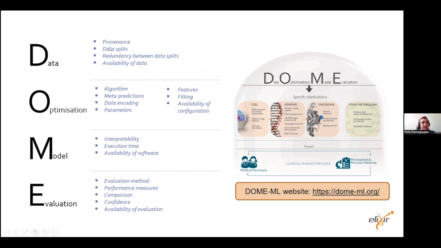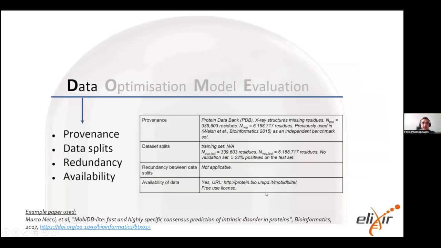We are talking about the different aspects of the data, different aspects of the algorithm that is being used before you actually create the model itself, whether it's interpretable or not, and you can already identify a few of the points that have been popping up as challenges earlier in the Menti, and ultimately how you can actually evaluate the model itself. These are all questions that someone needs to address. I'll go through those in slightly more detail in the next few slides, but I definitely urge you to go through the template that we are providing, as you can find this also on the DOME Machine Learning website here.